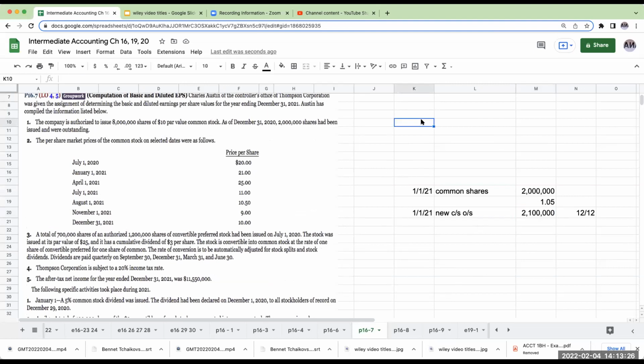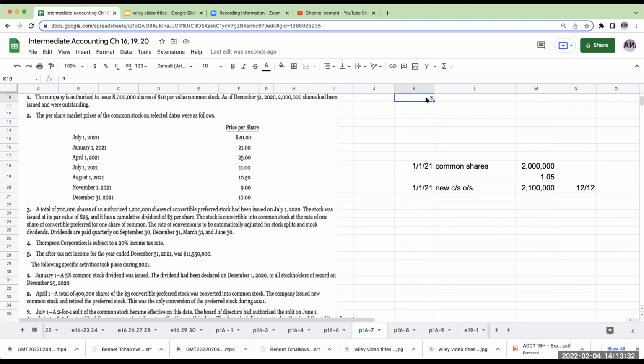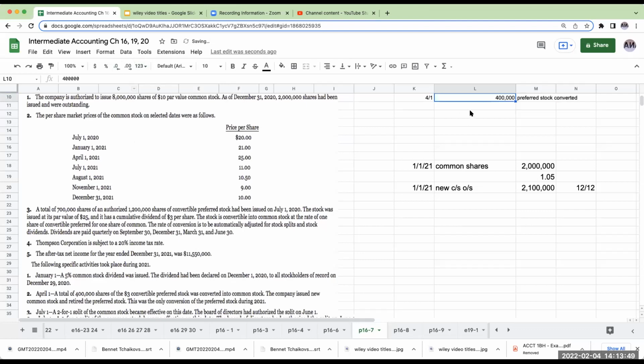So for number 3, right down over here. On April 1st, there were 400,000 shares of the preferred stock converted. However, for that converted preferred stock, we have to adjust it for the stock dividend of 1.05.